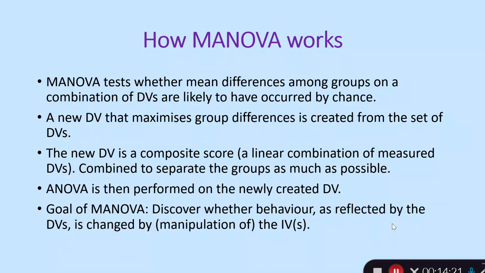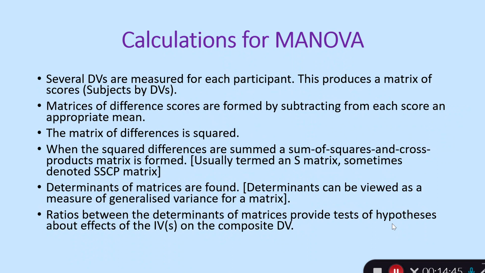The goal of MANOVA is to discover whether behavior, as reflected by the DVs, is changed by manipulation of the IVs. So we've got our group, our categorical variable, maybe we're manipulating people into different groups, and we're looking to see how scores on the DV change, but this time that DV is a combination of multiple measured things. It's a composite measure.